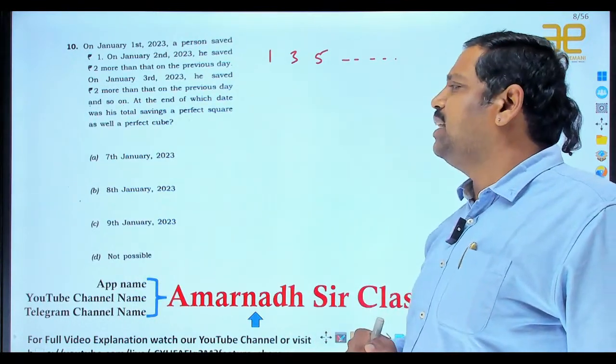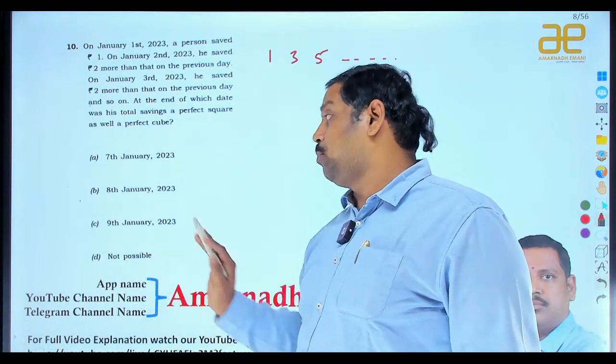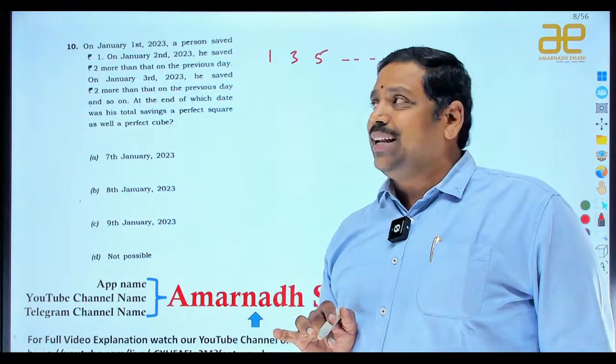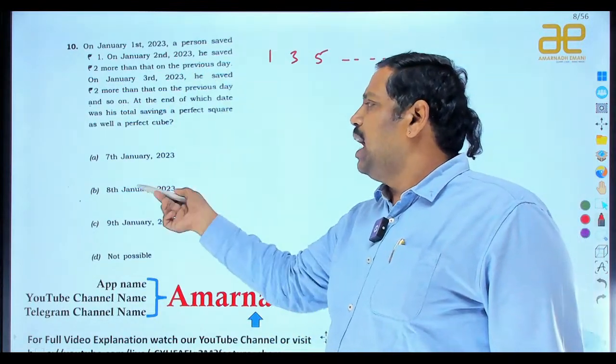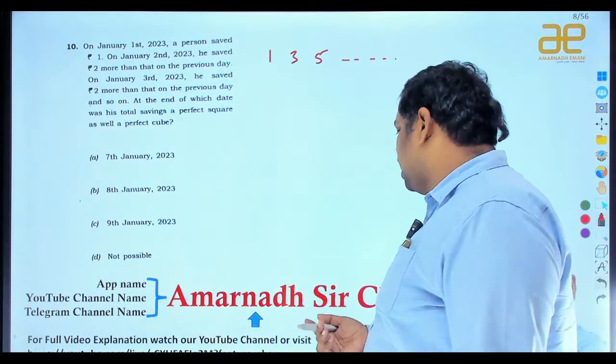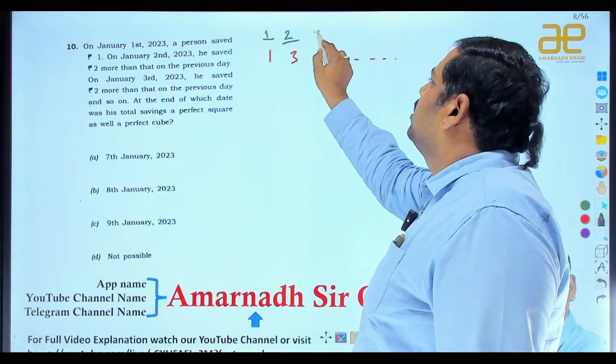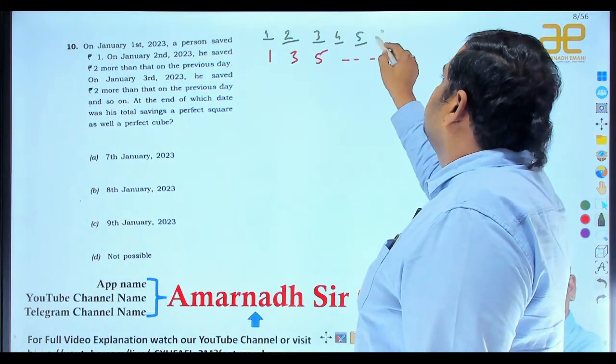So I can say 7th January, 8th January, 9th January, and so on. Not a big number, since he started on January 1st, and 7th, 8th, 9th Jan are not big ones. So what I am doing is, 1st Jan, 2nd Jan, 3rd Jan, 4th, 5th, 6th, 7th.